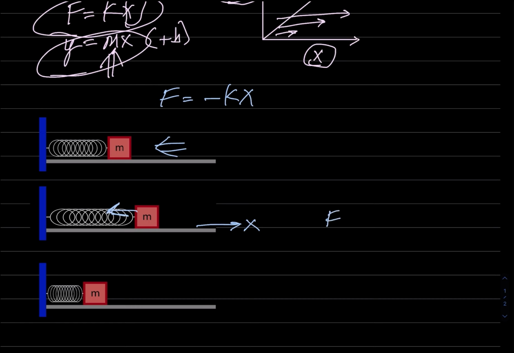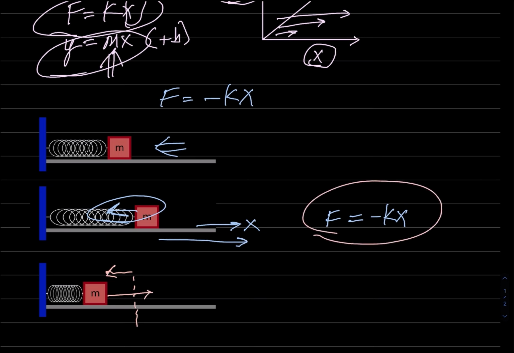So the force is going to be opposite to the displacement. If the x displacement is positive, the force is negative along the x-axis, so we say F equals negative k times x. And similarly, if here is equilibrium position and the displacement is negative along the x-axis, the force trying to restore the mass is positive along the x-axis. So F equals negative k times x.